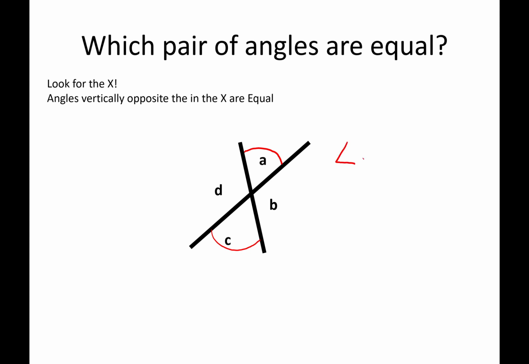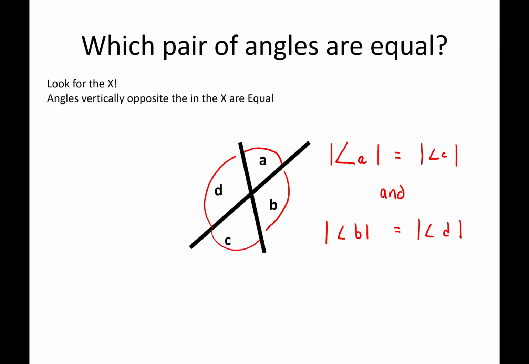In this case, angle A is equal to angle C. And angle B and angle D are opposite each other in the X. Therefore, angle B is equal to angle D.